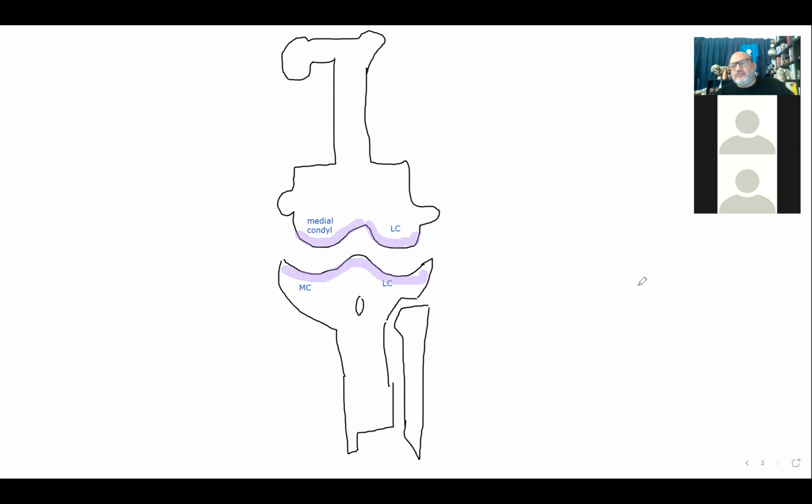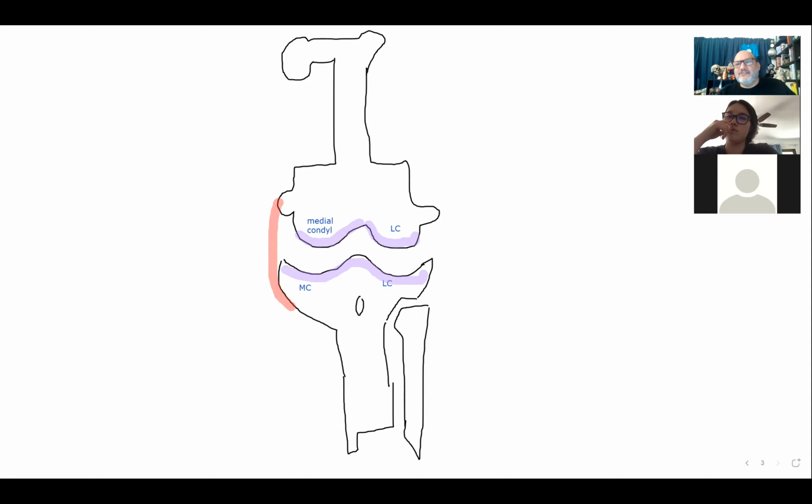But as we also talked about, there are going to be some special structures that can help as well. One of the first special structures are the ligaments that are going to help to stabilize this. And there are two external ligaments that we care about. The first comes from the medial epicondyle of the femur and attaches to the medial condyle of the tibia.